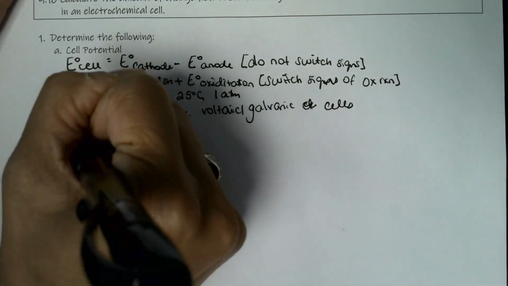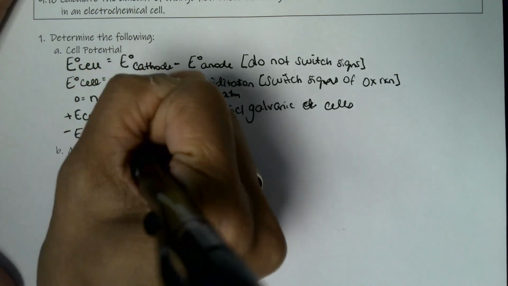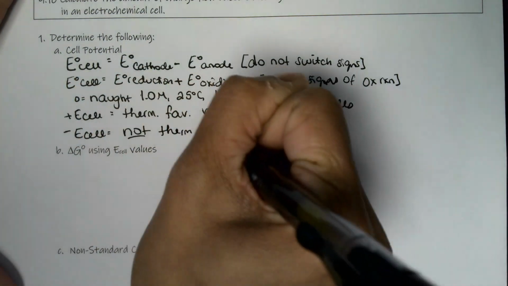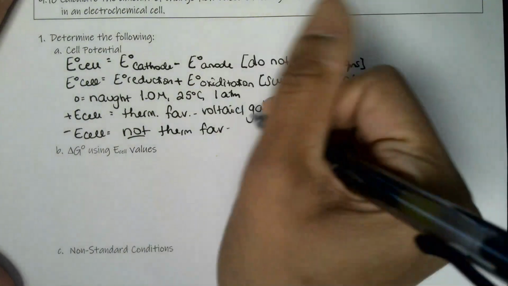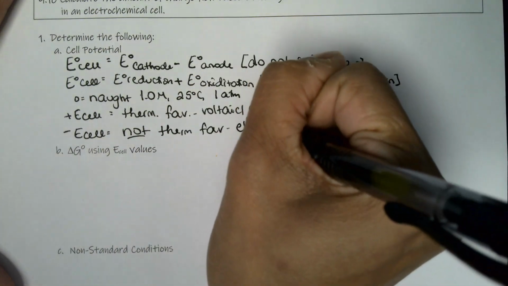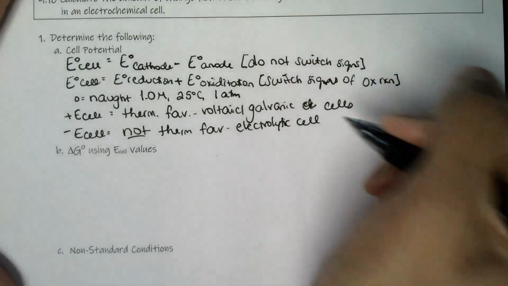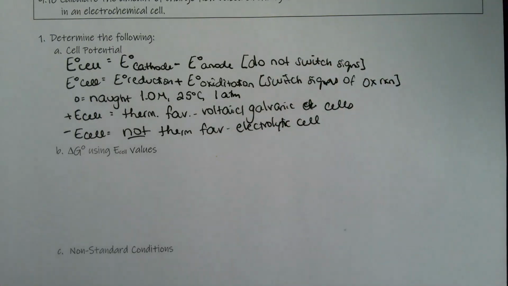A negative E cell value is not thermodynamically favorable. So this would be something if we had the electrolytic cell, and that electrolytic cell had to be powered with a battery in order for it to work.